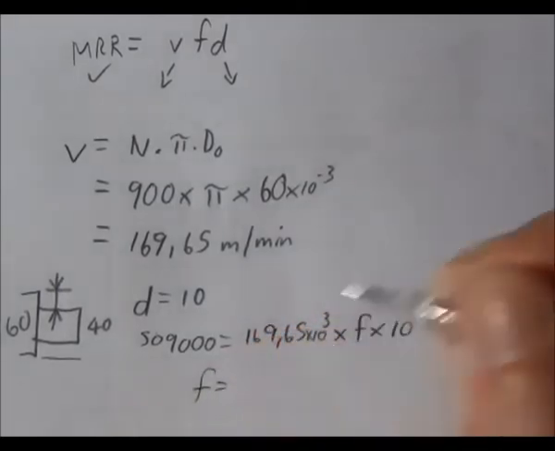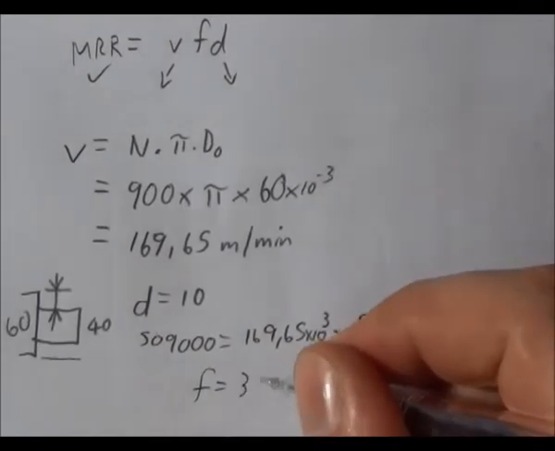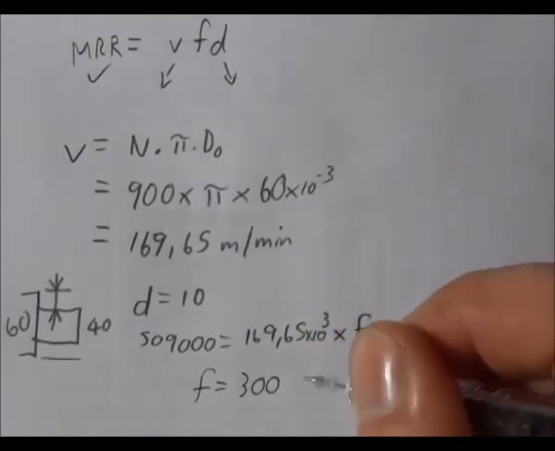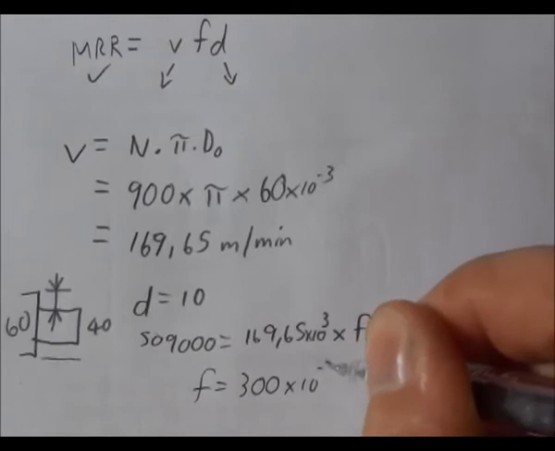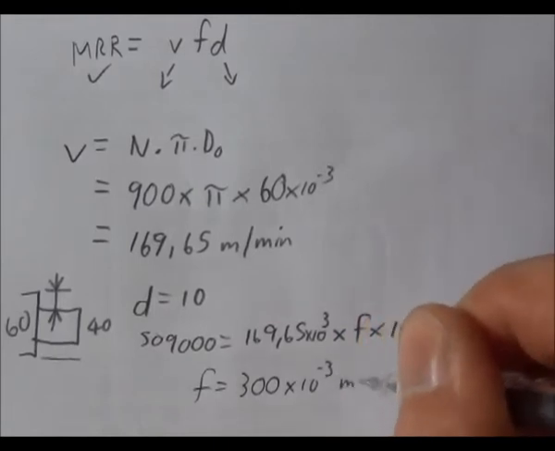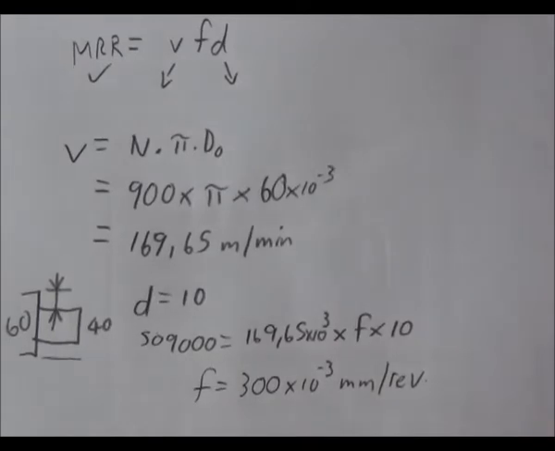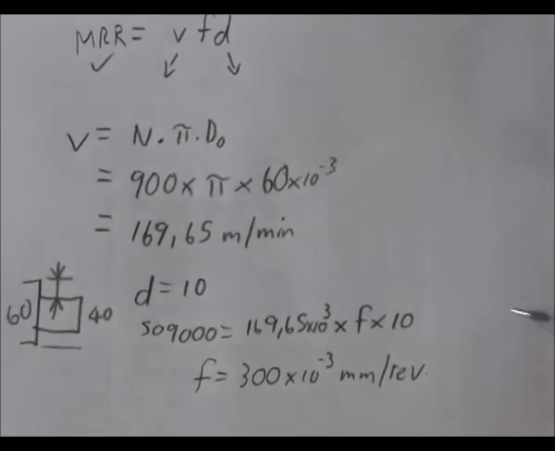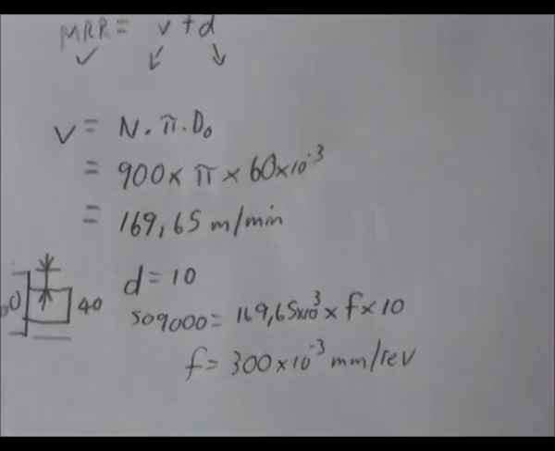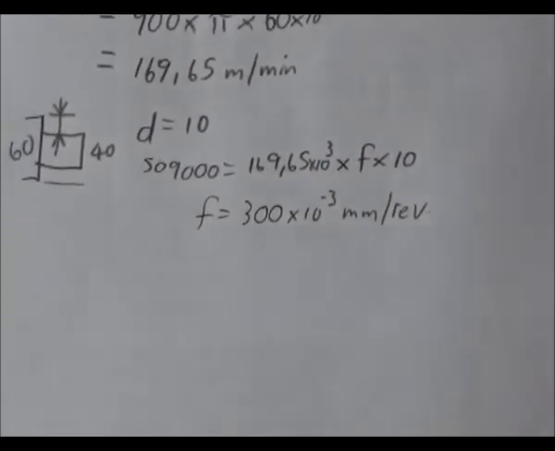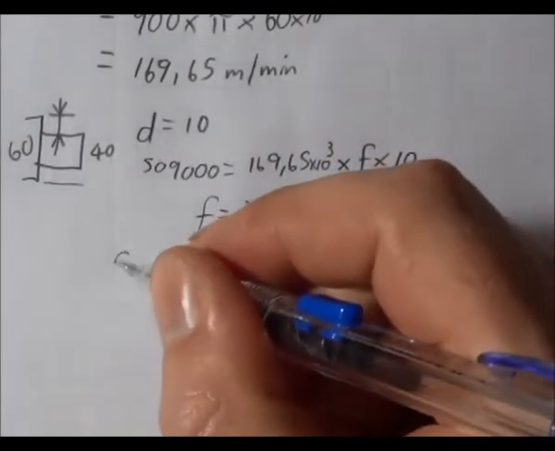So F then works out to 300 times 10 to the minus 3 millimeters per revolution. Then there was an equation.